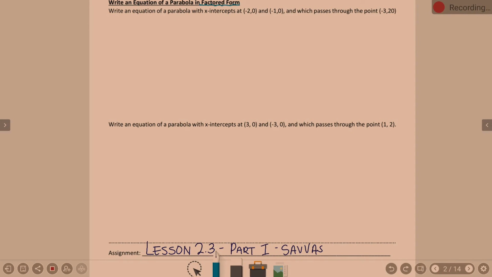Okay. Now, I'm going to give you a basic form that the book uses. And the book uses the form y equals a times x minus p times x minus q. Okay, that's the basic form the book uses.